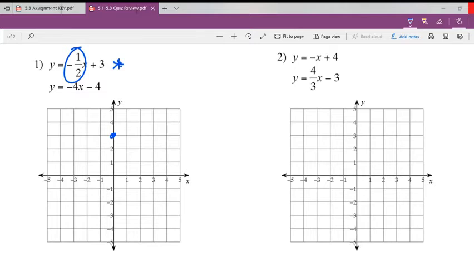Down. Down how many? 1, because that's the -1 part, and then your run is 2. So I'm going to count down 1 over 2 and put a dot there.